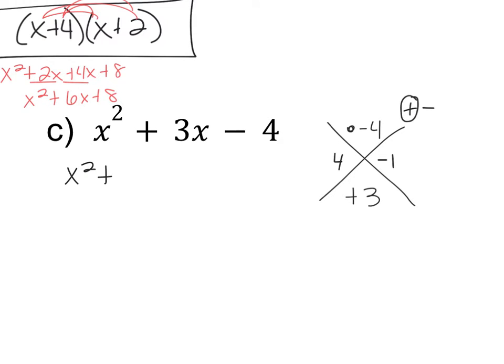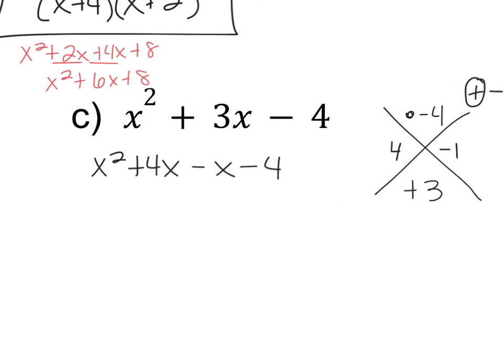x squared plus 4x minus x minus 4. Okay, so what can I take out of the first two terms? Just an x. So this would be x times (x plus 4). Now looky here, so I have -x minus 4. It looks almost exactly like what we need, but we need to switch those signs around.